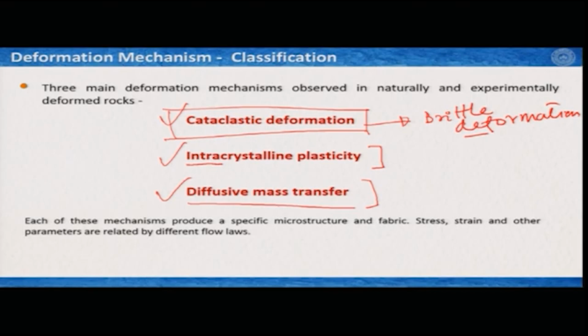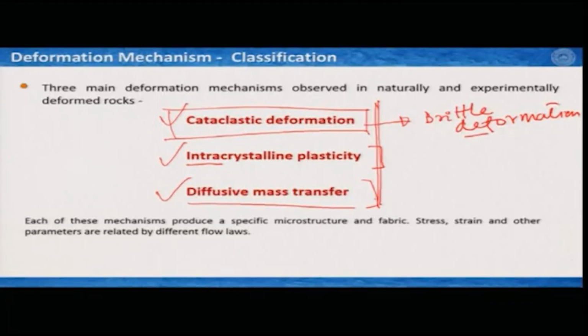So, they produce different types of fabrics, different types of appearance of the rock under thin sections and so on, and people do study it not only under optical microscopes, but electron microscopes, particularly scanning electron microscopes and transmission electron microscopes are nowadays very useful, and in recent days there are some other tools that you can use, even to check the atomic scale processes using atom probe tomography and so on.